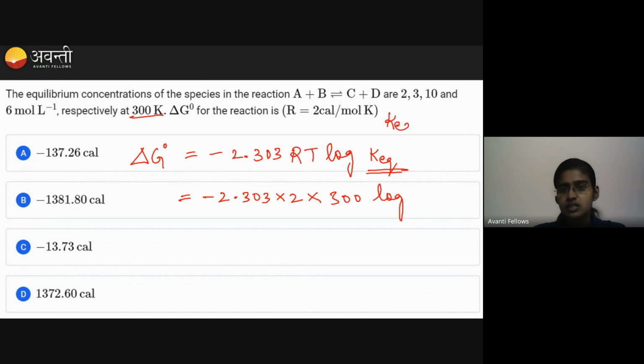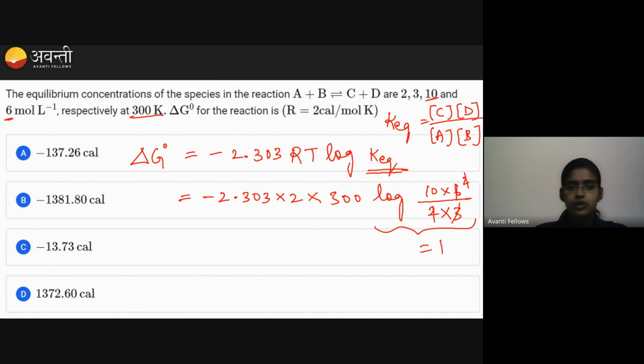It is the product concentration divided by reactants concentration, right? The products C and D have 10 and 6, so it is 10 into 6 divided by 2 into 3. Simplifying, we get log 10, and log 10 is equal to 1.